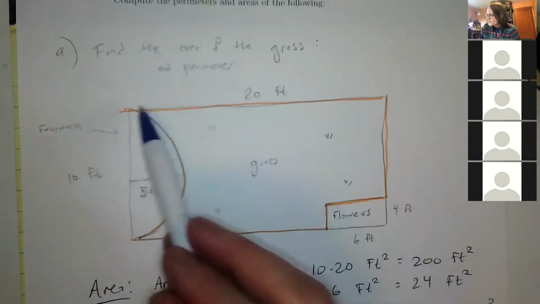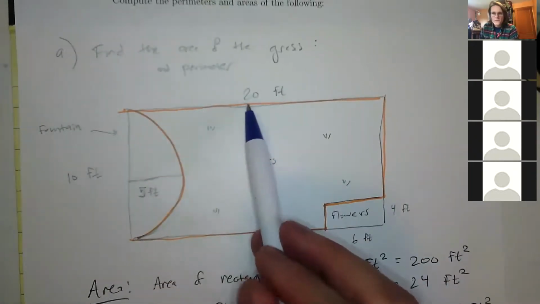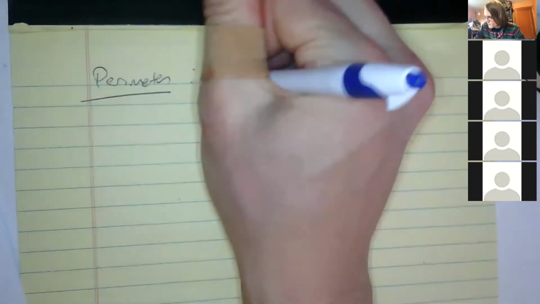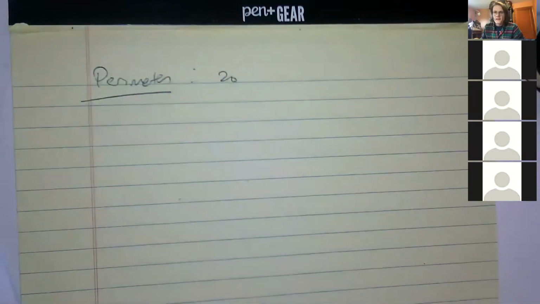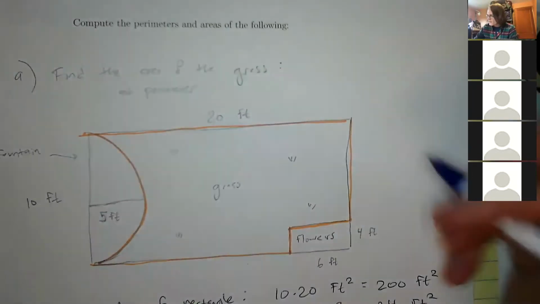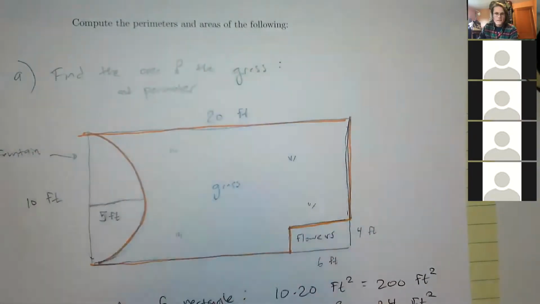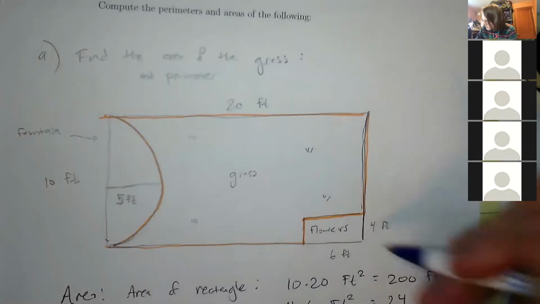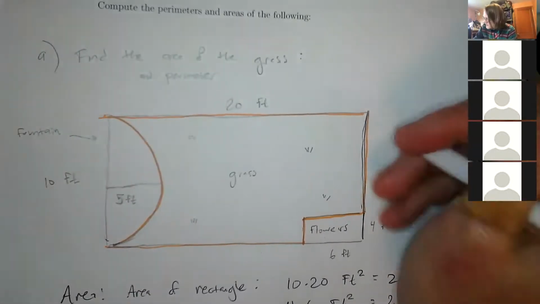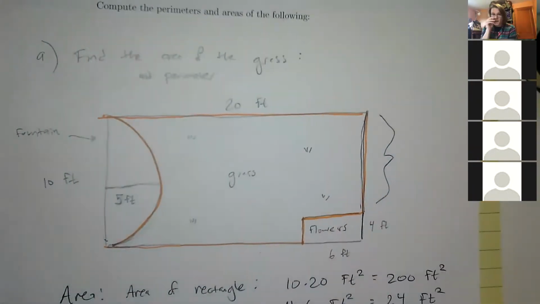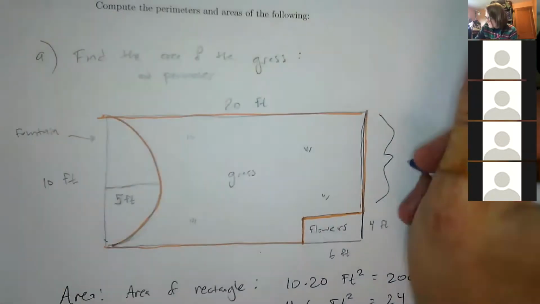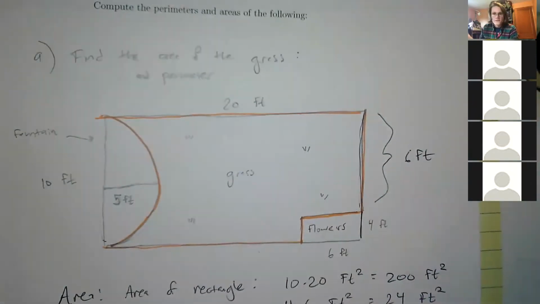So this top length is 20 feet. So I'll write that down, and I'll put the feet on at the end. And then this whole length is 10. This little bit is 4. So this is what? 6. Yep. So I'll write that down.